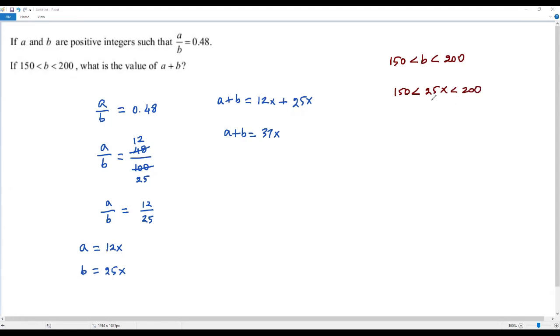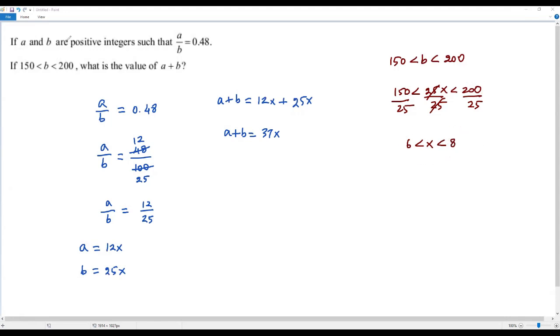Now to solve for x in this inequality, I have to divide all three terms by 25. When I divide 150 by 25, I'm getting 6; the 25 cancels, leaving x; and when I divide 200 by 25, I'm getting 8. Here I got the value of x as an inequality: 6 less than x less than 8.